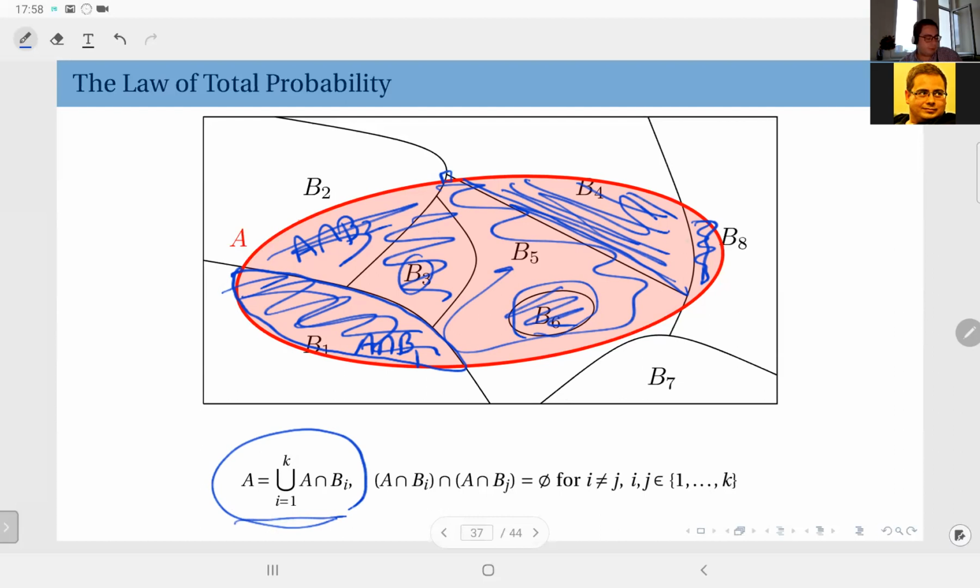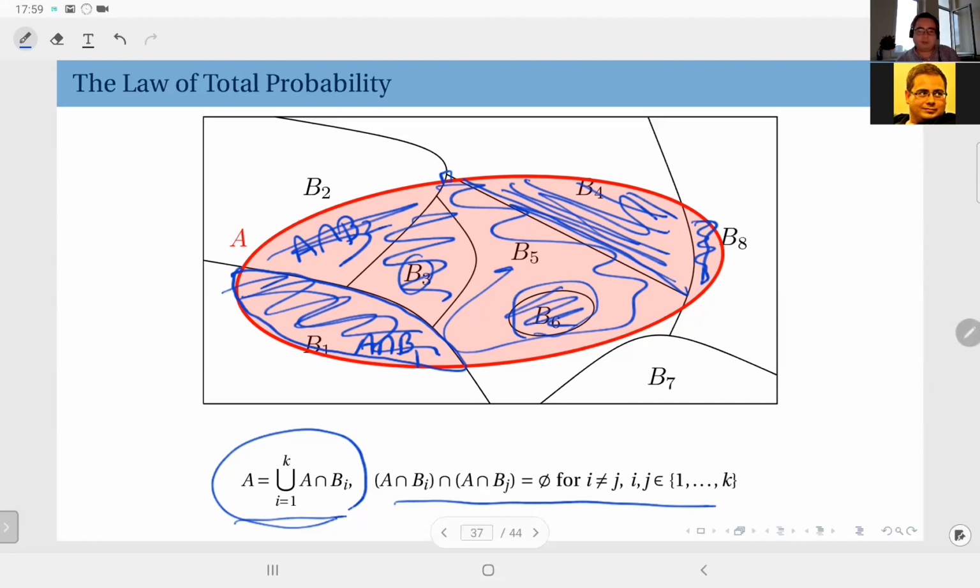And number two, they are all disjoint because the B's are disjoint. So when I intersect them with A, obviously the individual intersections will also be disjoint. So it also satisfies the second condition, which means these individual intersections give me a partition of event A. Now, what good is this going to do for me?